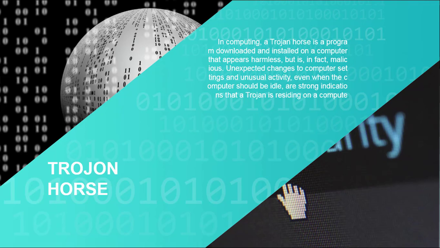So basically the Trojan Horse is a program downloaded and installed on a computer that appears harmless but is in fact malicious, causing unexpected changes to the computer's settings and unusual activity. Typically the Trojan Horse is hidden in an innocent-looking email attachment or a free download.